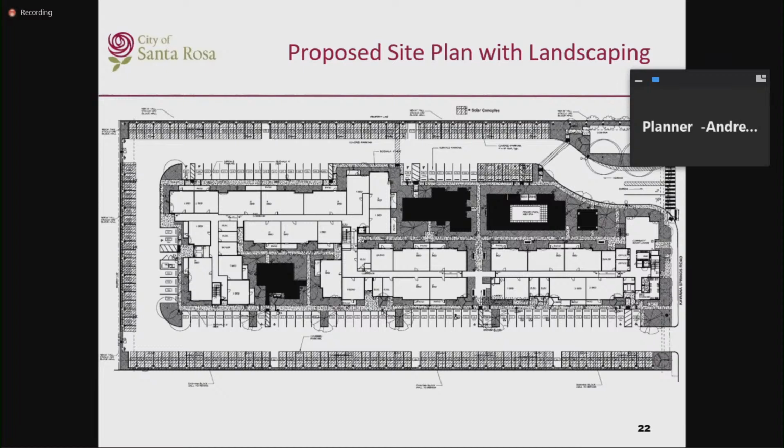We can also see here that based upon the site plan, we can determine that the proposed development would not be detrimental to public health, safety, or welfare to the properties or improvements in the vicinity, in that the residential use is a permitted use, similar to existing and planned future uses, which would be based upon the general plan land use designations and the zoning of the surrounding areas.